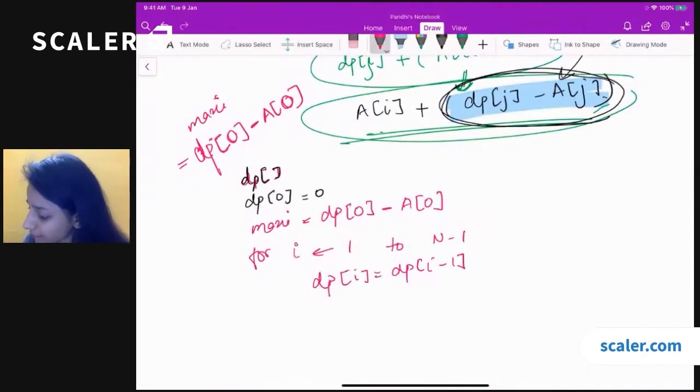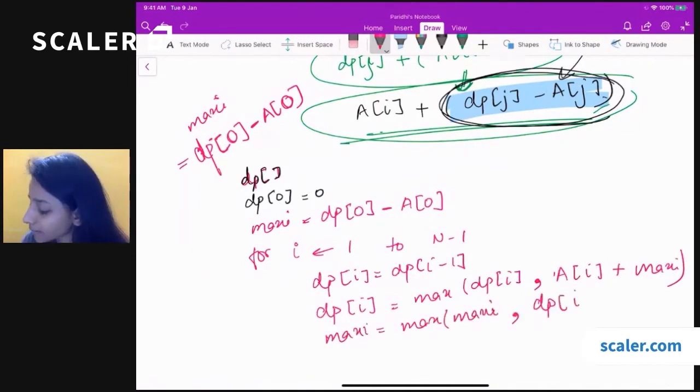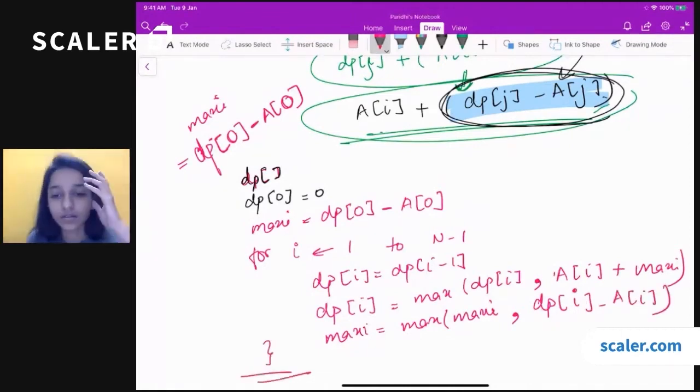Now if we are selling the stock, we will do DP of I equal to maximum of DP of I, comma, a of I plus maxi, and then we will update this maxi variable to max of maxi, comma, DP of I minus a of I. So essentially we have done it in just order of n.